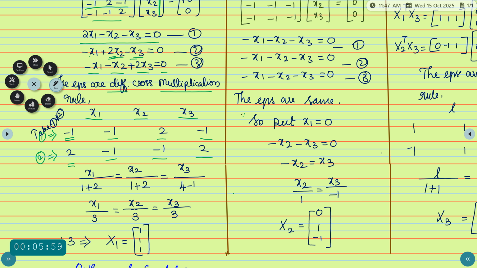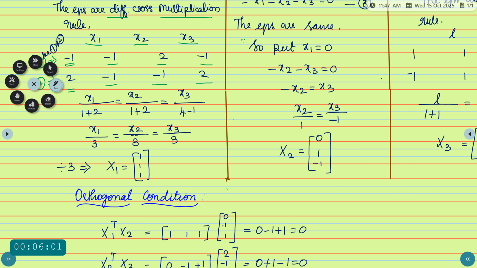Next, x1 divided by, we are cross multiplying, this 1 plus 2. Now cross multiplying, minus 1 into minus 1 is plus 1, and then minus 2. Here 4 minus 1. So we are getting x1 by 3, x2 by 3 and x3 by 3. Dividing by 3, we are getting the first eigenvector X1 equal to 1 1 1.